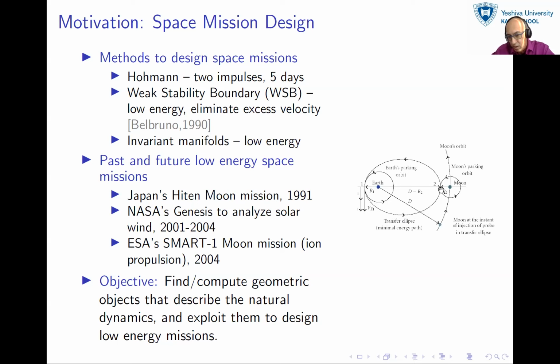So if you don't do anything, it will keep going on such an elliptic arc. But of course now you have to have a trajectory, an orbit around the moon. So then you have to slow down the motion. You apply an impulse in the opposite direction to decelerate. And then you inject the spacecraft on an orbit of the moon.